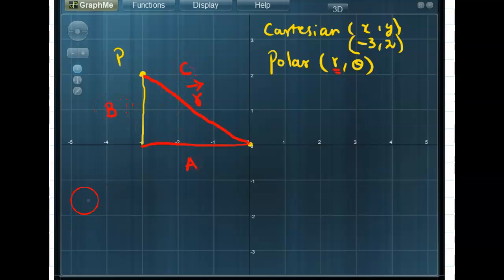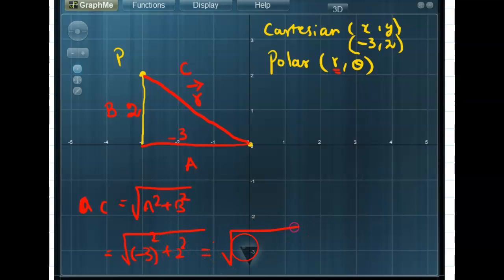According to the Pythagoras theorem, c is equal to the square root of a square plus b square. So a value is -3, b value is 2. So -3 whole square plus 2 square will be 9 plus 4, square root of 13.